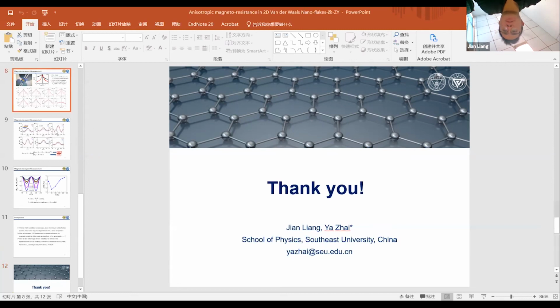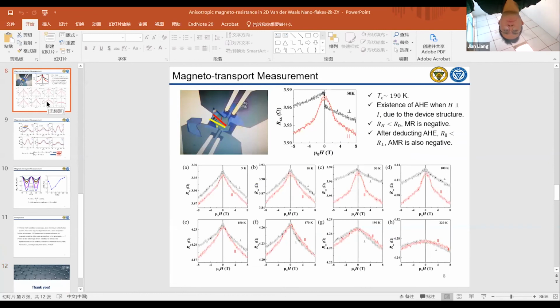I see the results of your magneto-resistance. All the results are negative, right? Yes. I don't very much understand this result, can you explain it?